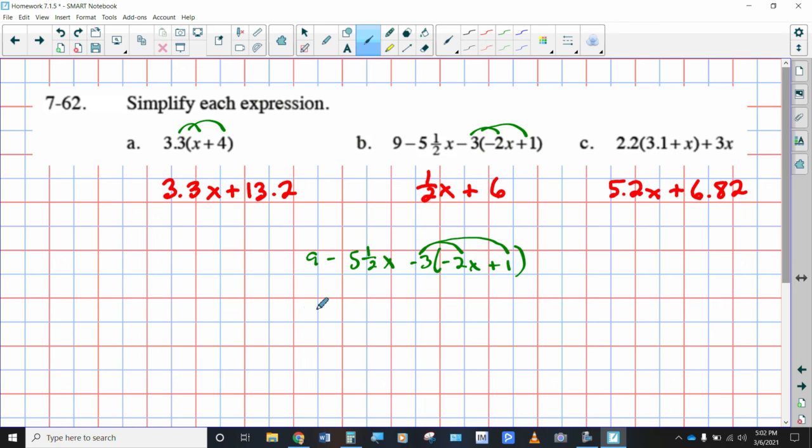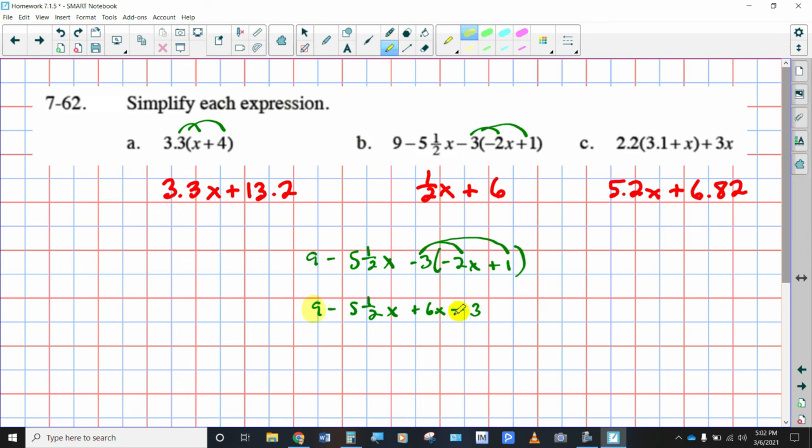The most common mistake that people make is this. They'll say -3 times -2 is positive 6x, but then they'll say 3 times 1 is 3, and they'll make that positive 3. But it has to be a -3 because that's a -3 times a positive 1. So if you got a different answer, I bet you anything it's right here where you wrote that as plus 3 instead of -3.